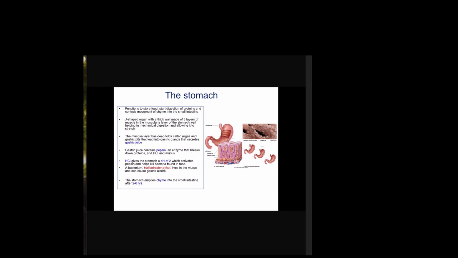So material that comes from the pancreas has buffering solutions that will make sure that it changes the pH from the acidic pH of around 2 to an increased pH that will allow for the rest of the other enzymes that are contained in the pancreatic secretion to complete the digestion.